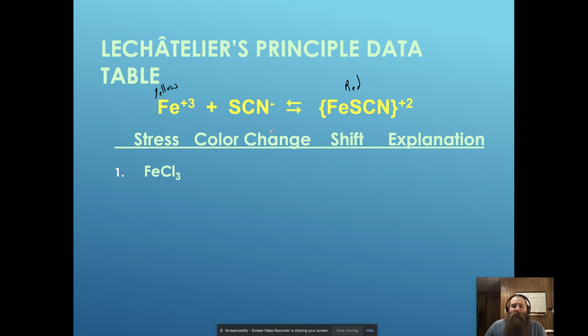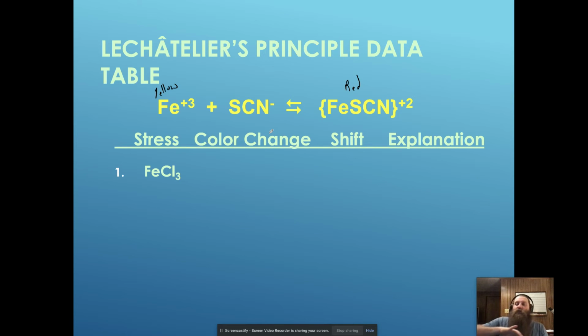Okay, so let's say we increase the amount of FeCl3, the amount of iron chloride. I guess that would be ferric chloride. What's going to happen? Well, if I put more reactant in, the concentration of the reactant goes up, so we would expect it to shift to the right, right? We'd make more product. In that case, we're going to get a darker color, okay?